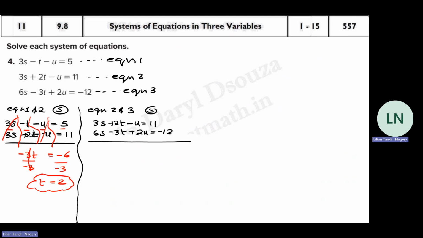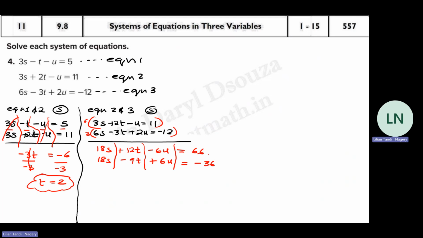Now I will do here 6 and here 3. I will have 18S, 18S, positive 12T, minus 9T, then minus 6U, plus 6U. I will have here 66 and here negative 36.